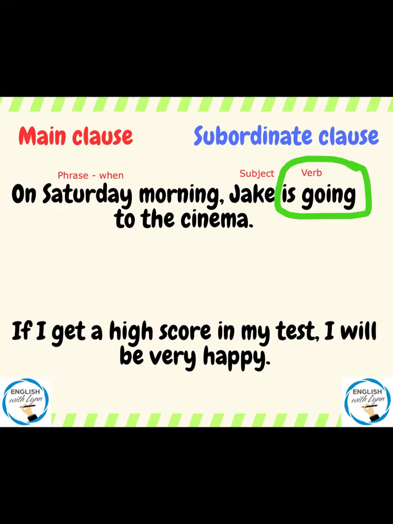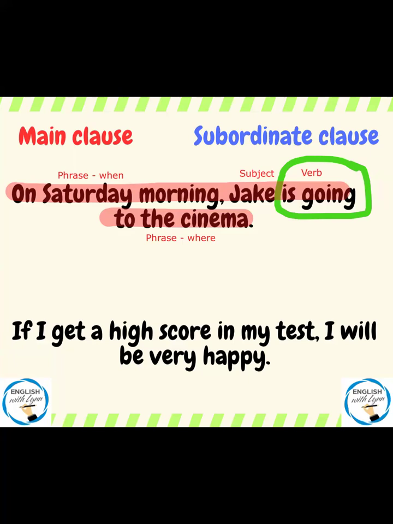And then at the end there, to the cinema, that is another phrase that is showing where he is going. So all of that together, on Saturday morning, Jake is going to the cinema, is one main clause. If I were to highlight it, all of this bit is the main clause, but it is made up of some phrases as well.